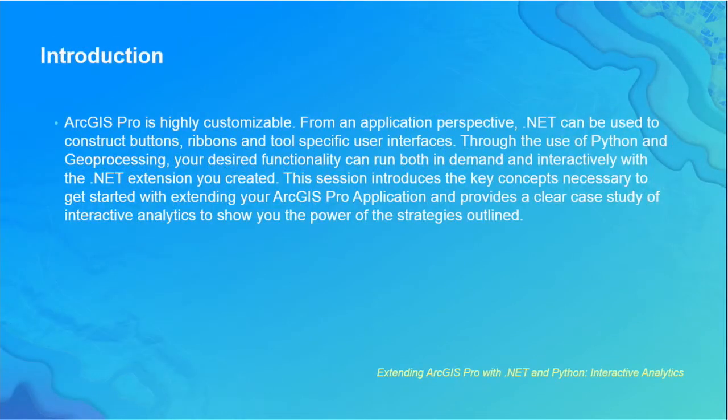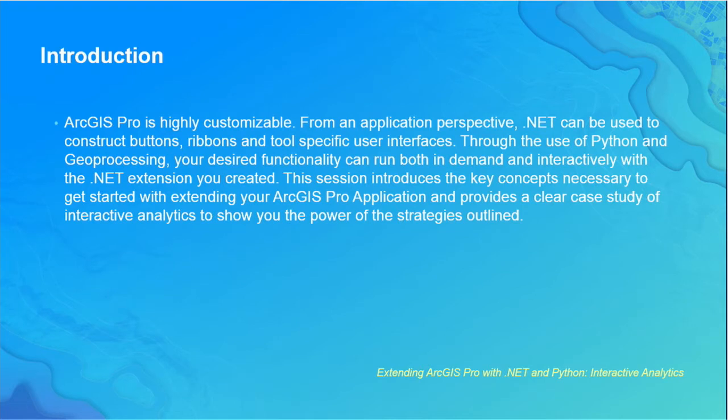We know that Pro is now a big application, and it's highly customizable in different ways. You can use C++, you can use Python, you can use .NET, but the front end of ArcGIS Pro is .NET.